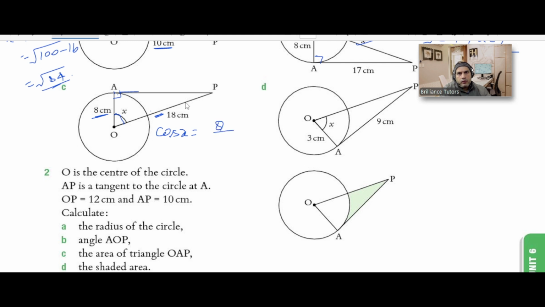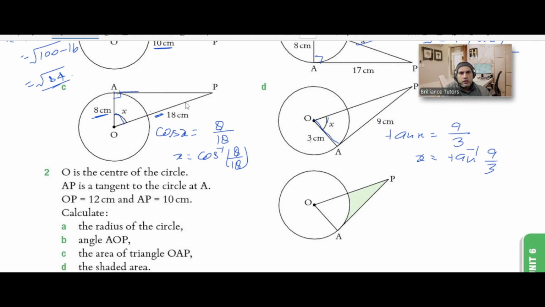It's 8 upon 18, so x equals cos inverse of 8 by 18. Like that we can calculate. Here also in this angle, this is the adjacent side and this is the perpendicular, so perpendicular upon base, we can take tan x. Tan x is 9 by 3, so x equals tan inverse of 9 by 3. I hope that's clear.